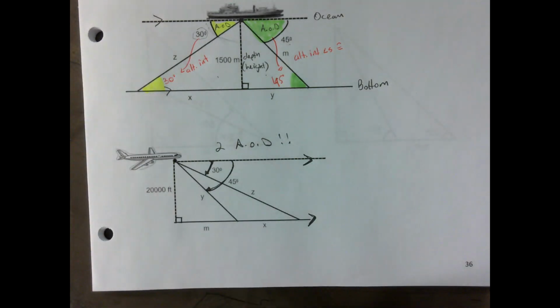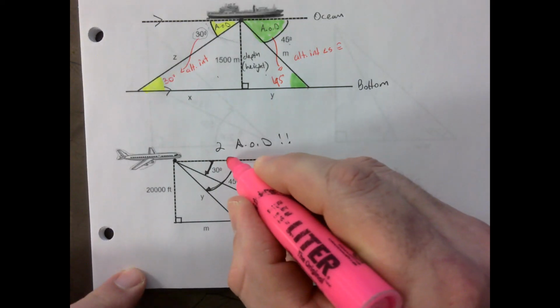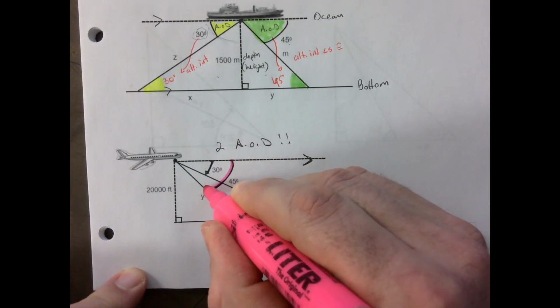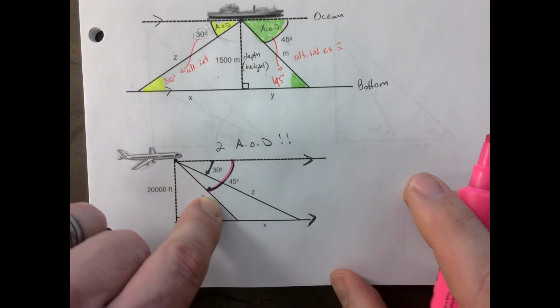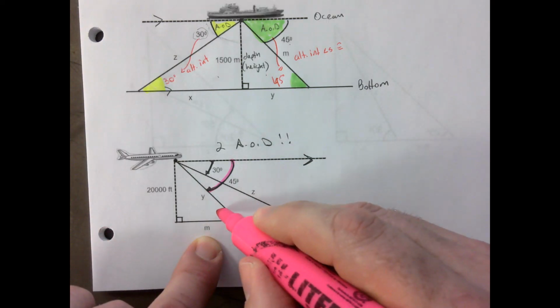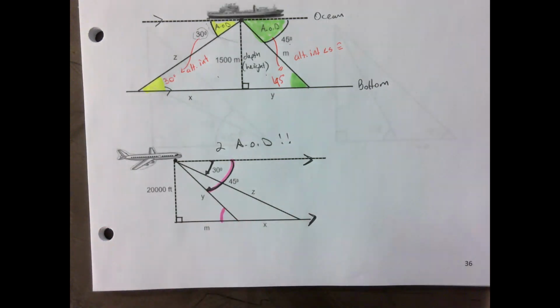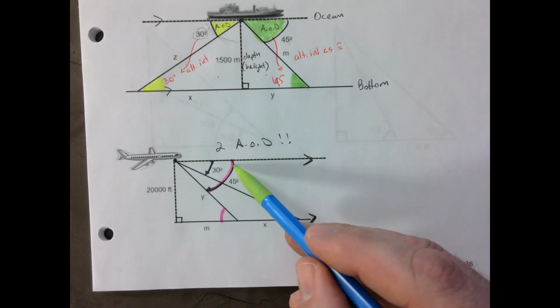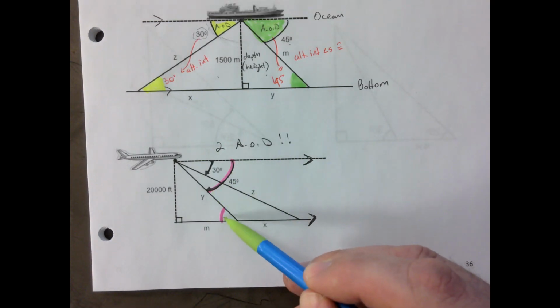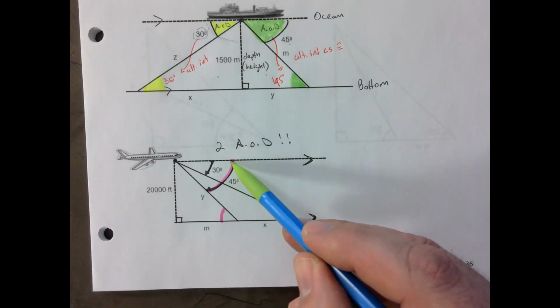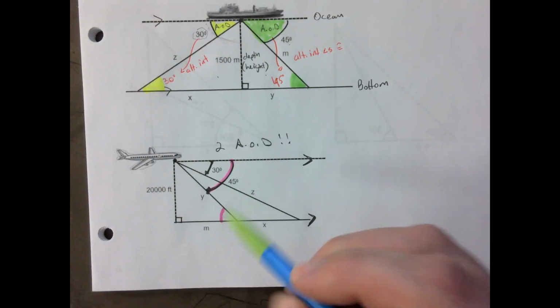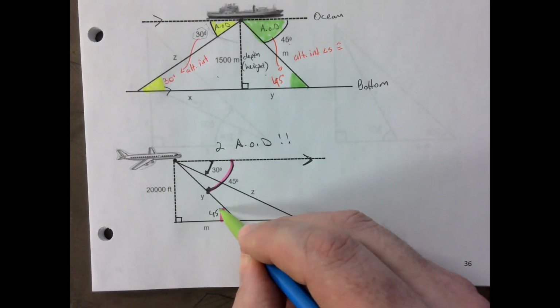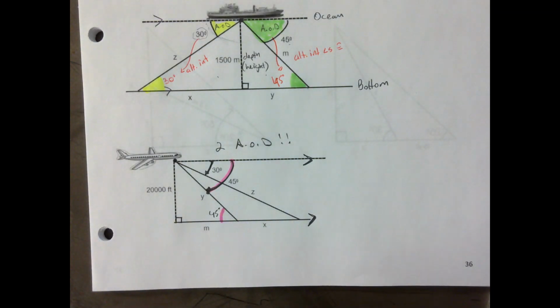And I would like to use two different colors for this one. This 45 here, if you come down this transversal, that 45 will come over here, correct? I know it's a little weird. This is such a big arc and this is a small arc, but don't worry about that. Just remember, horizontal touches this transversal. So I have another 45 here. And let's use a different color for the 30.